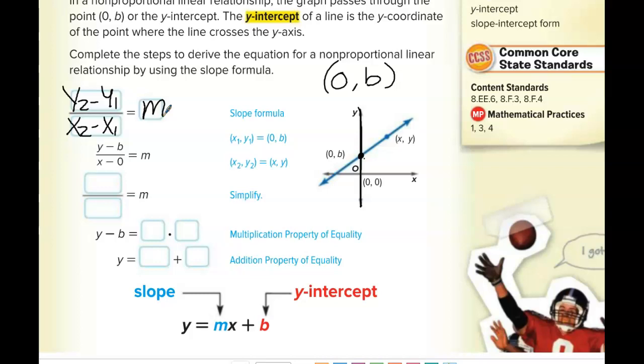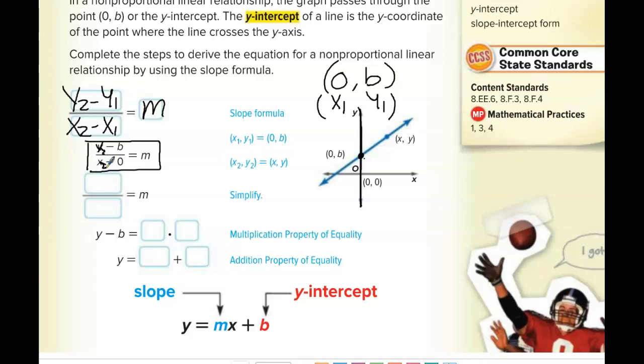Okay. Down here, what they did in this step was they said, we're going to call this point right here the first point. So in other words, this is x1, and this is y1. So when they substituted that in for y1 and x1, it became y2 minus b, because that's what y1 is, over x2 minus 0, because that's what x1 is.